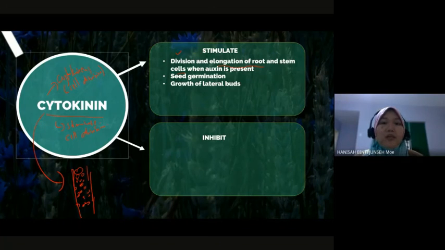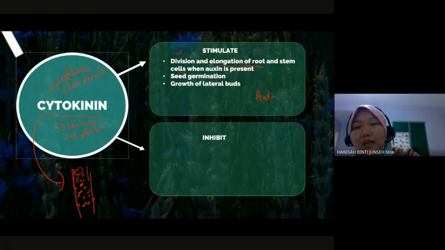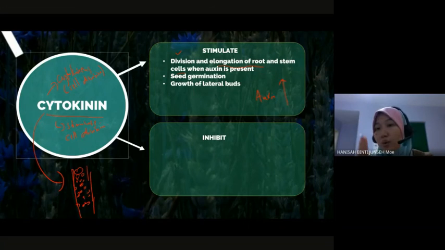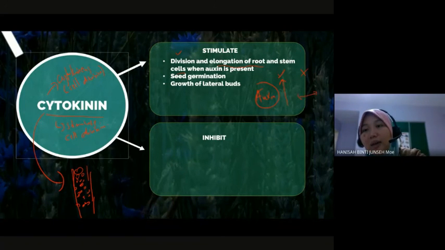Okay, before we go to the inhibits one, just now in auxin, it promotes or stimulates apical dominance growth, but auxin inhibits lateral bud growth. Opposite to cytokinin.